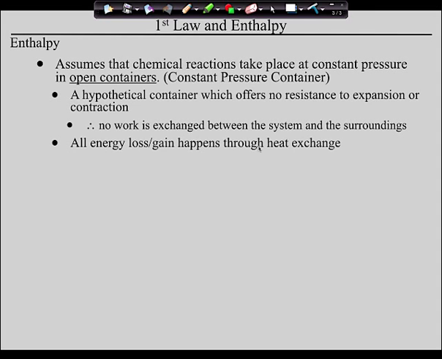So, guys, all of this to say then, the only way that energy can get in and out is through heat. So, we said this, change in energy is work and heat. But if we can't do work, the thing that we're left with is heat. Now, guys, now we need to switch between heat and enthalpy.